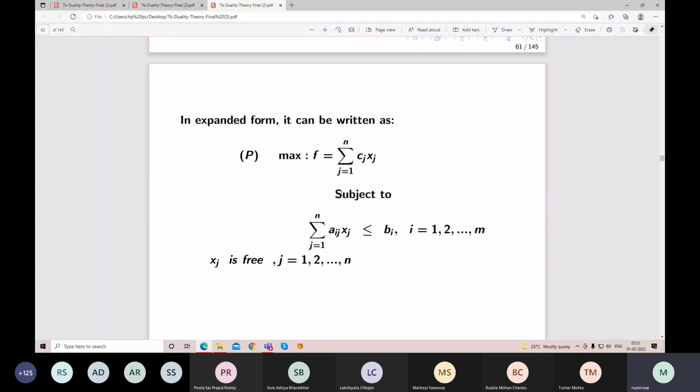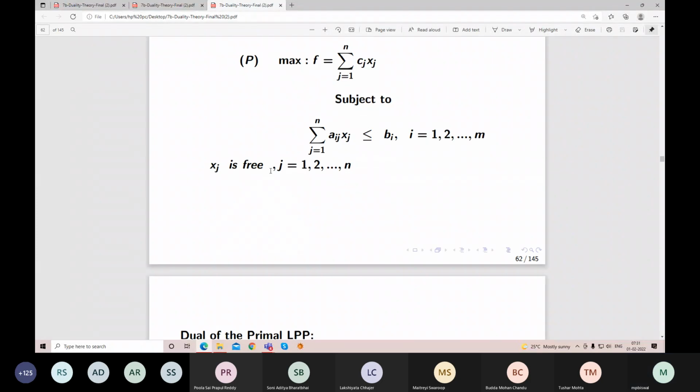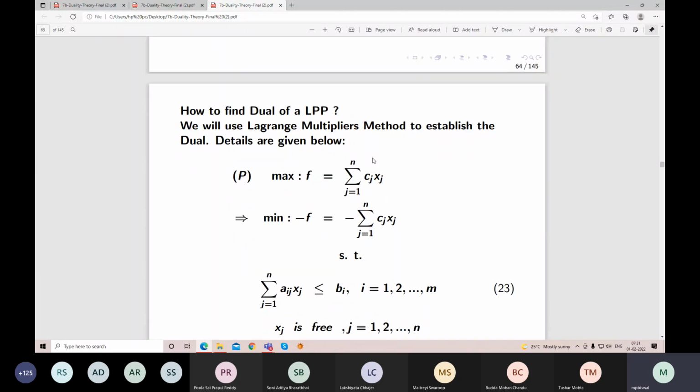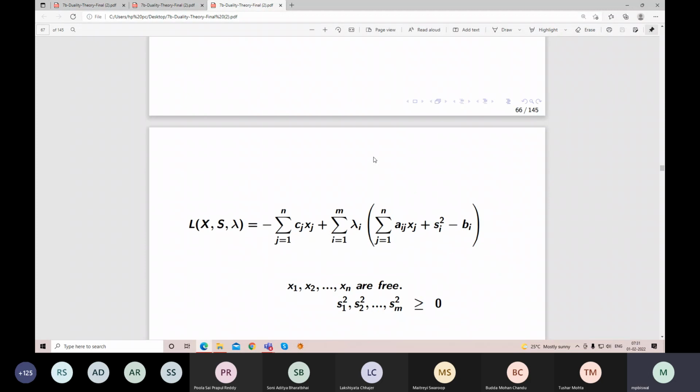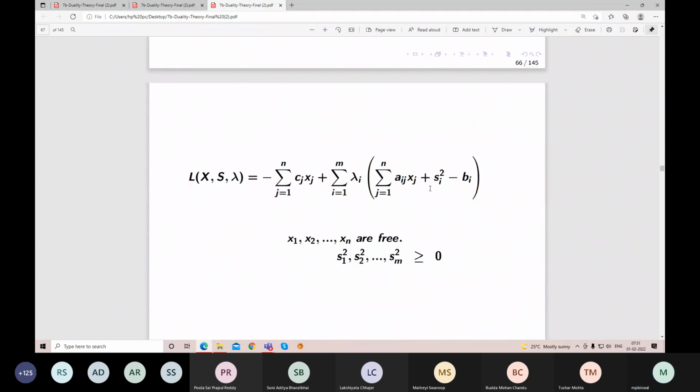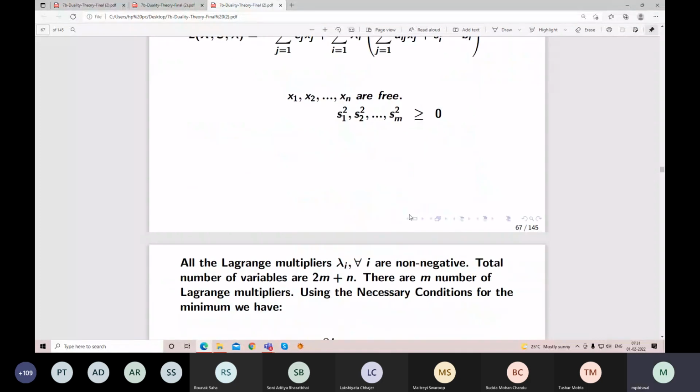We have the primal where x is free, but the slack variables are there. One line I missed, so I will change it here. Since it is an inequality, the lambda i are non-negative. Here nothing is mentioned, so I have to write one more line and proceed.